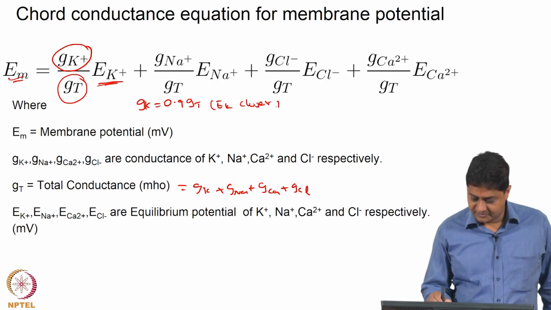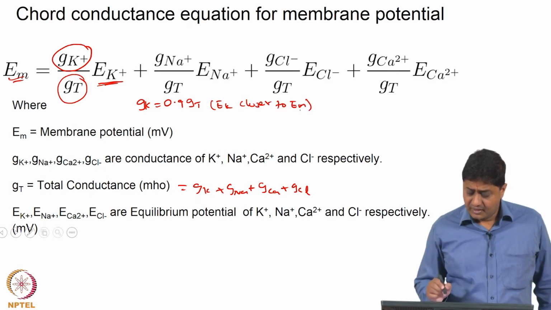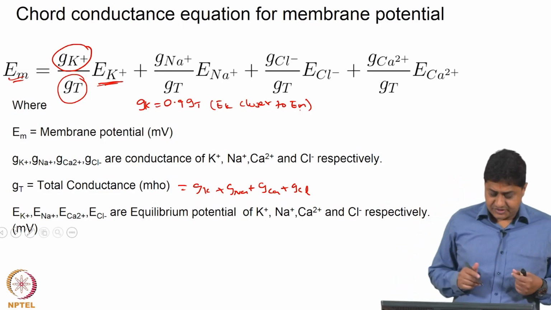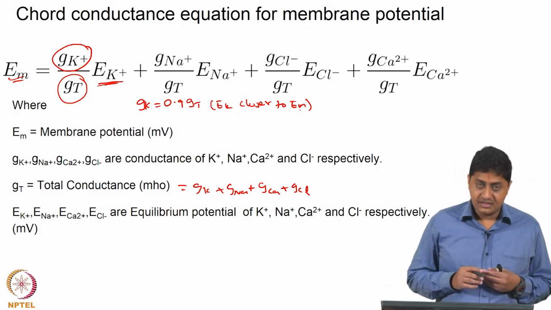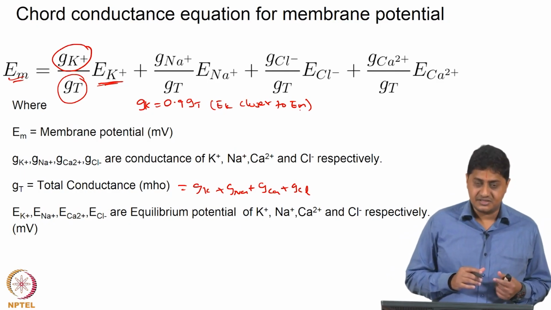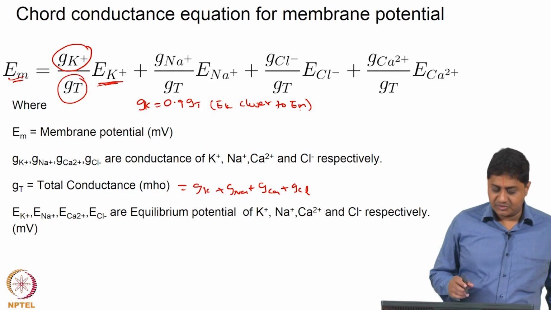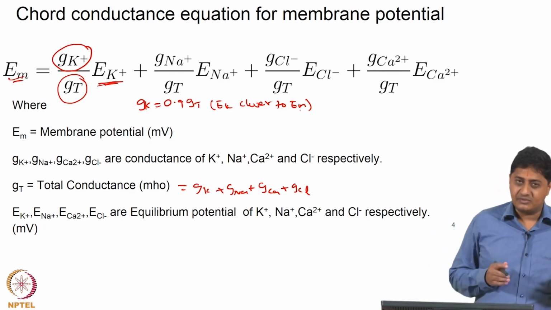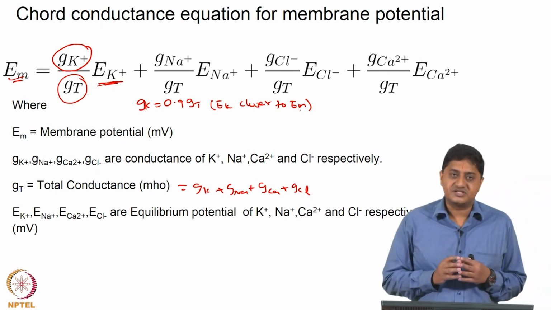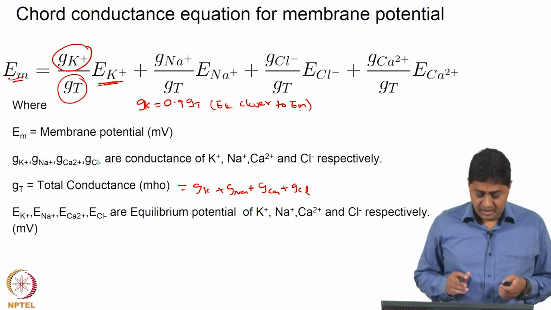This is an expectation, is it not? Likewise for other ions also. So those ions whose conductances are high at rest are going to contribute the greatest to the membrane potential, or their equilibrium potentials are closest to the membrane potential.